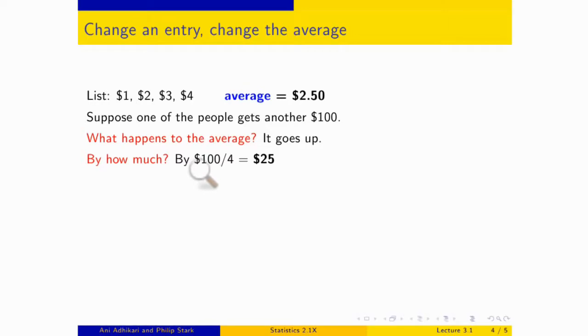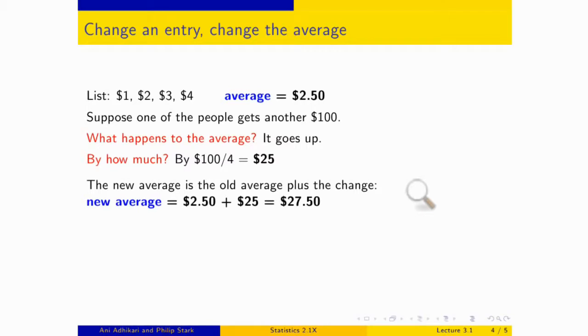And so the change to the average will be that change of $100 divided 4 ways, that's $25. And so the new average is going to be the old average of $2.50 plus your change, which is $25. And so you have $2.50 plus 25, that's $27.50.